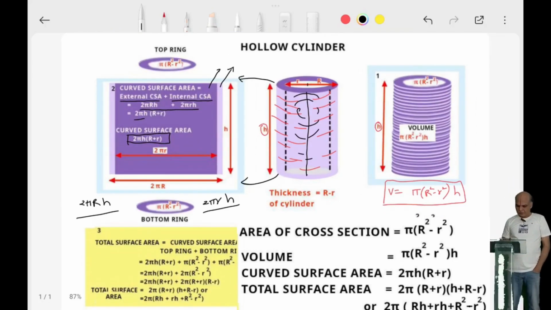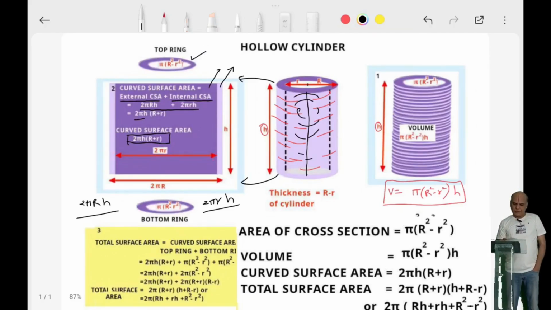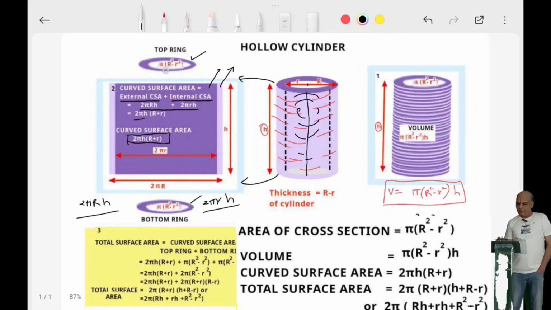Now, if you want to calculate the total surface area, to the curved surface area you need to add the cross-sectional area of the top ring and the cross-sectional area of the bottom ring. We have already seen the cross-sectional area of the top ring is pi capital R square minus small r square.